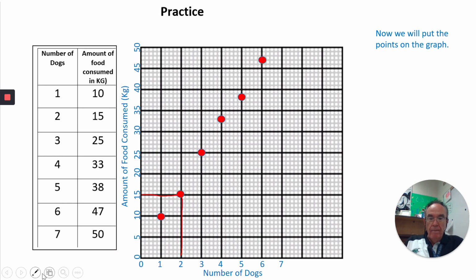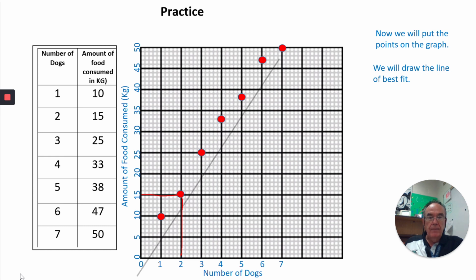And then lastly, we have 7 dogs consume 50 kilograms. Now we don't really want to just connect the dots. This looks like it's what's called a linear relationship. We could have some experimental human error depending on when we measured the food. So we find the line of best fit.